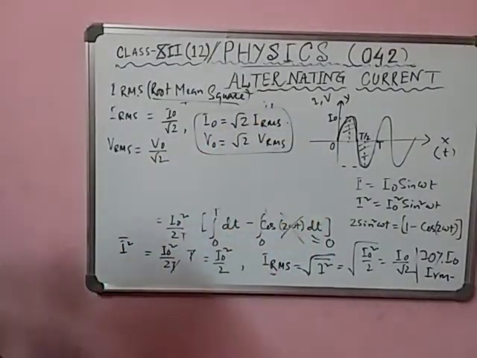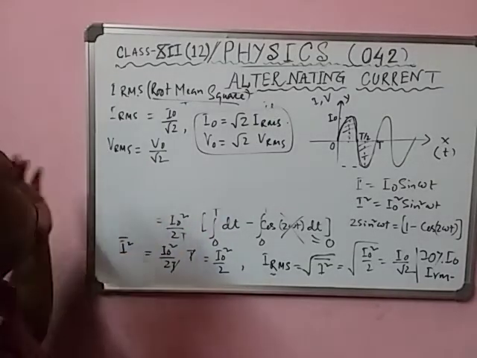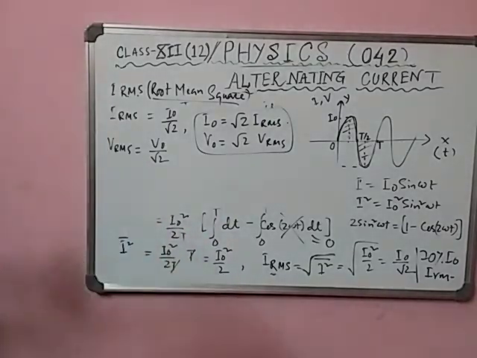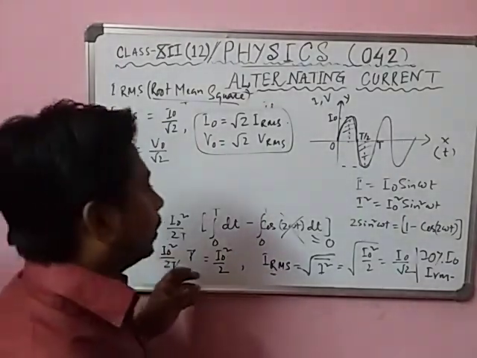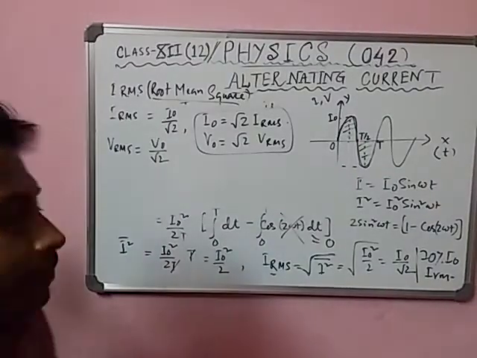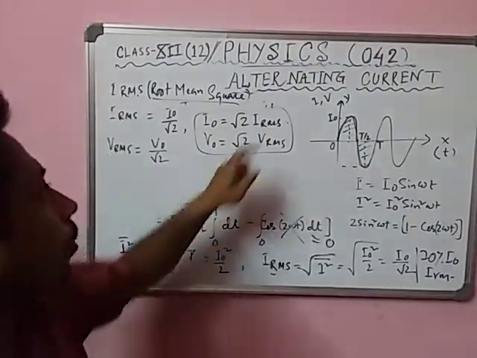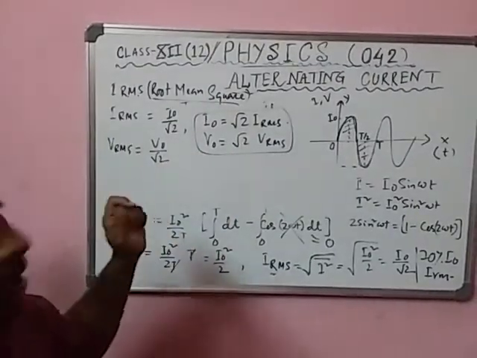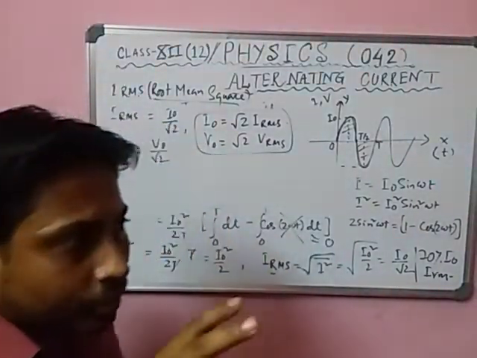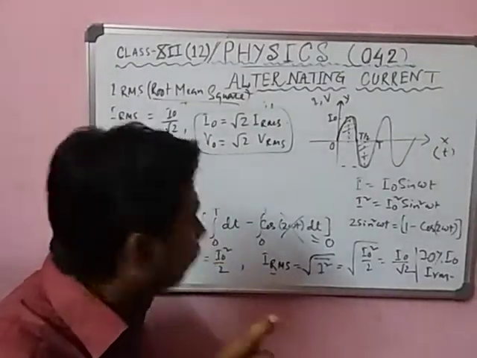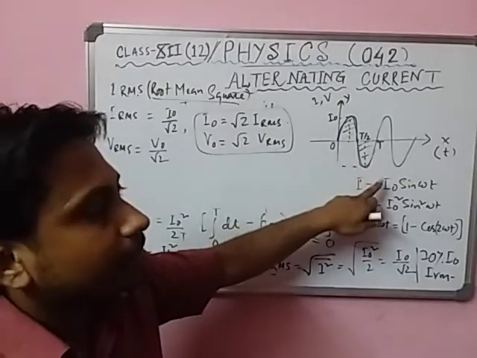Now students, see why we want to calculate the RMS value. From the lab ammeter and voltmeter we cannot measure the alternating voltage or current, because in that case we are actually using a galvanometer. What is the problem in a galvanometer?